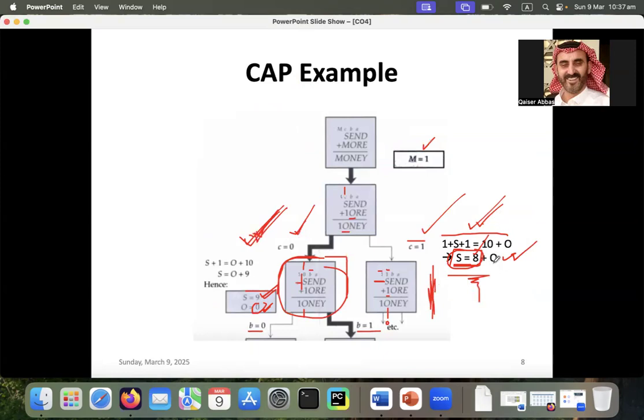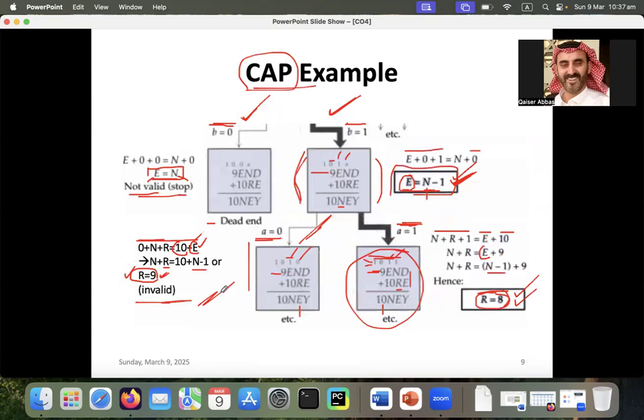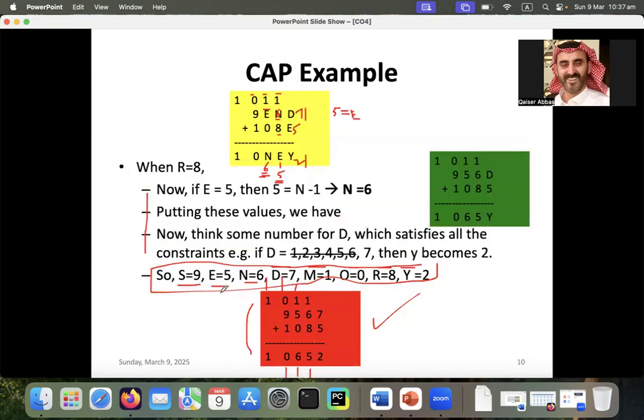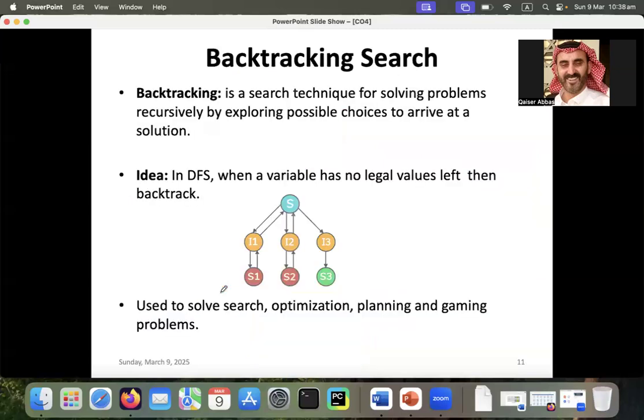For example, if my O is 0 and 8 plus 0, then if I follow this branch, I will have S is equal to 8, and if I do not find any further unsatisfying scenario, then we will have S equal to 8 in this branch. But in this branch, we have S is equal to 9. This is how you can solve cryptarithmetic puzzles.